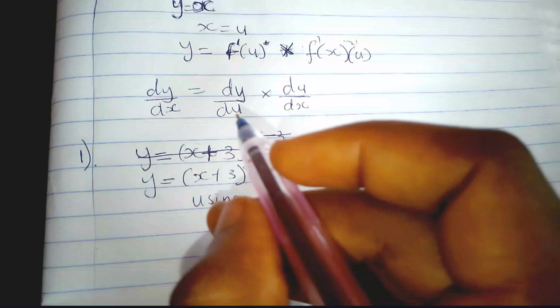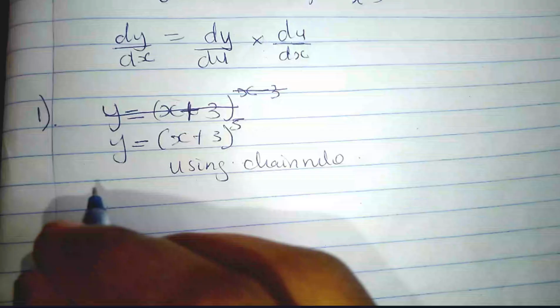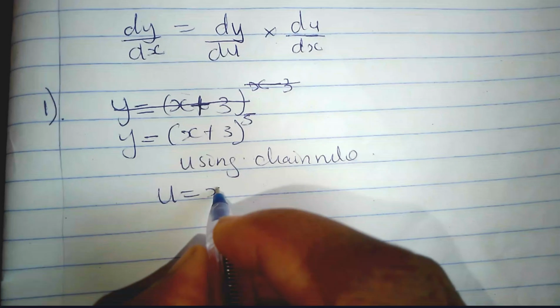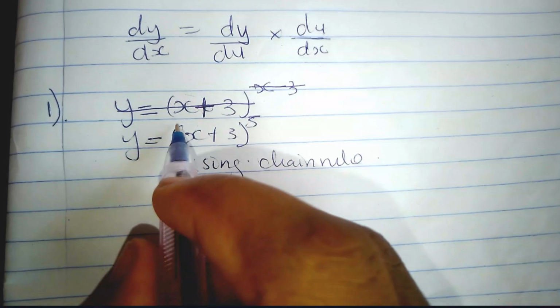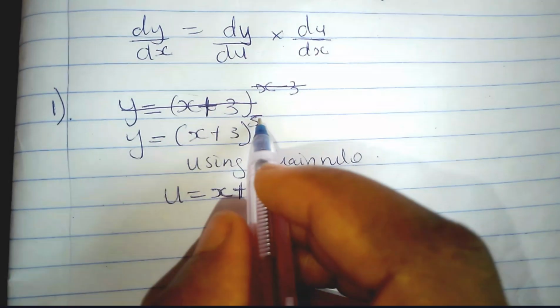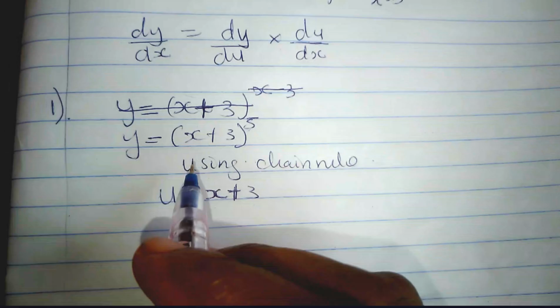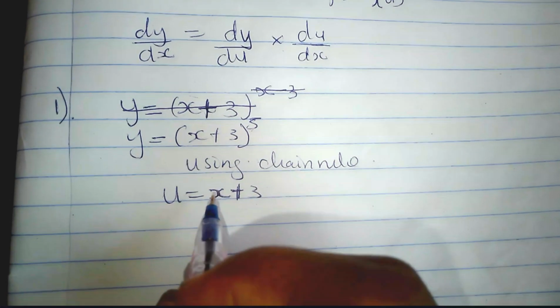That's what I mean by chain rule. So let's say u is equal to x plus 3. We want to separate this x plus 3 so that we don't have to start expanding it. So we separated it by saying u is equal to x plus 3.